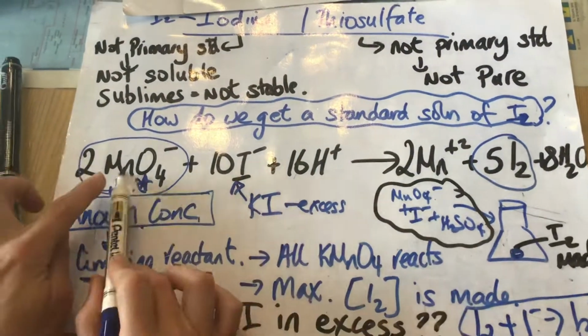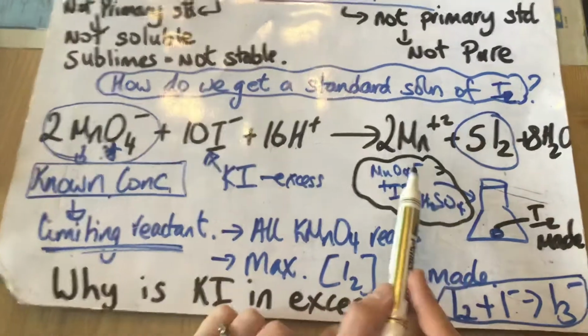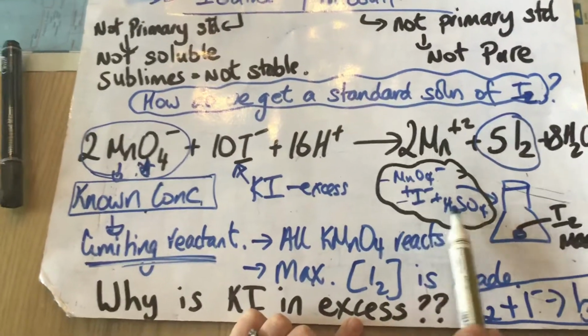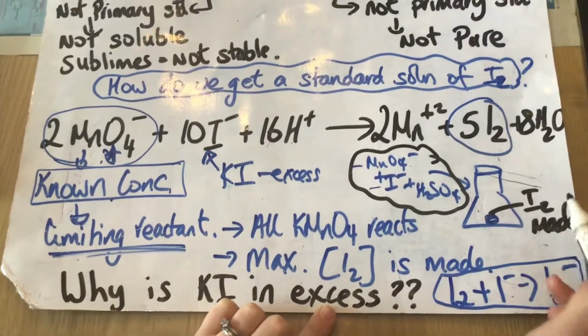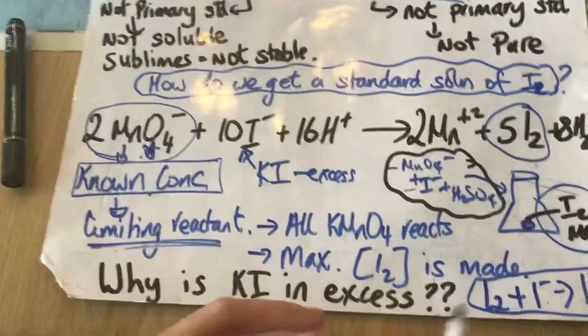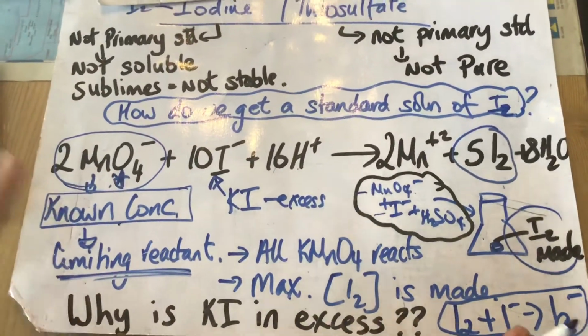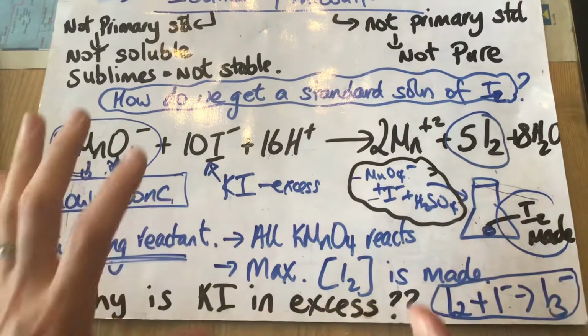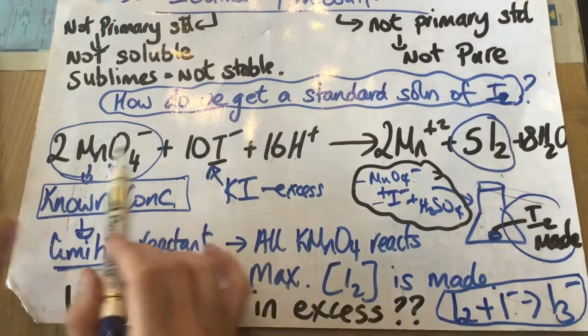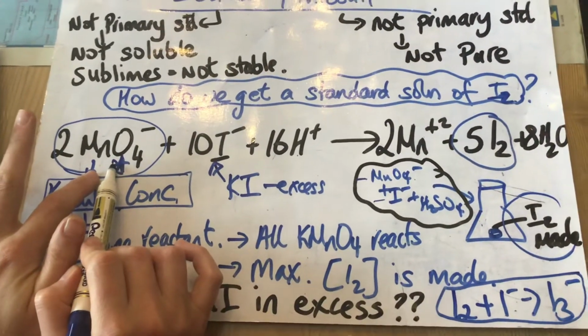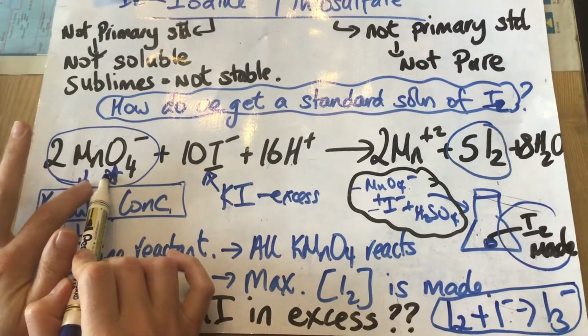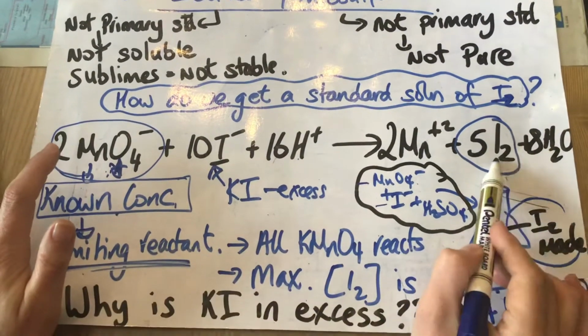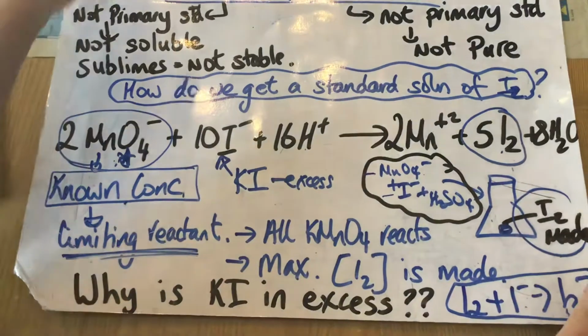We're going to put KMnO4, KI and sulfuric acid into the conical flask, and you see the red-brown colour of iodine being formed in the conical flask. So we can now calculate, because the KMnO4 is the limiting reagent, we can use the ratio of 2:5 and we can calculate the concentration of iodine that's made in the conical flask.